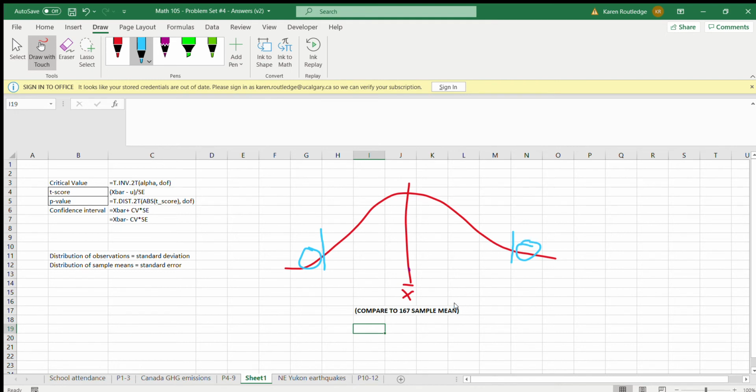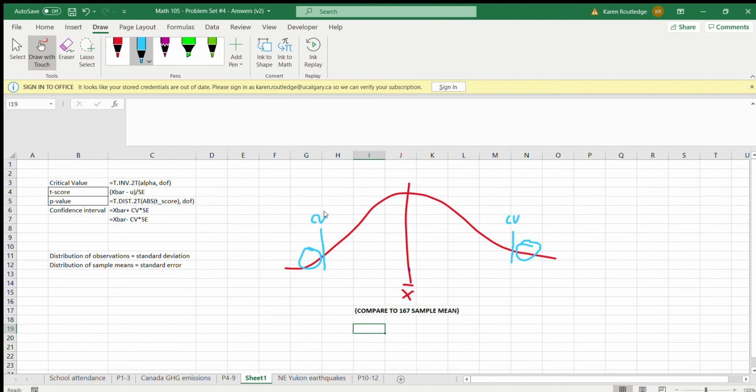So we're effectively saying that the value we are considering, such as the population mean, is significantly different than what we actually observed. And we will call something significantly different if there is a small probability of observing it, given the sample mean that we actually saw. So we know that these thresholds that define our rejection regions are the critical values.